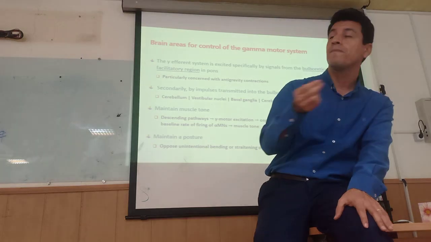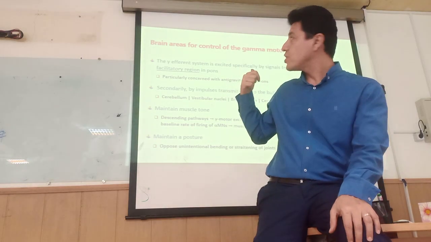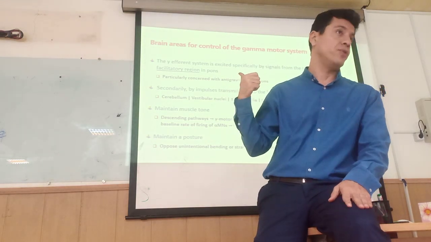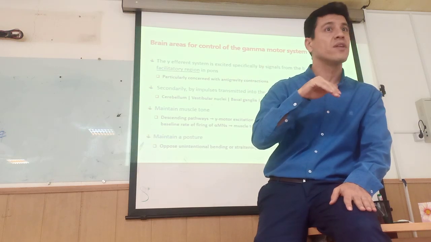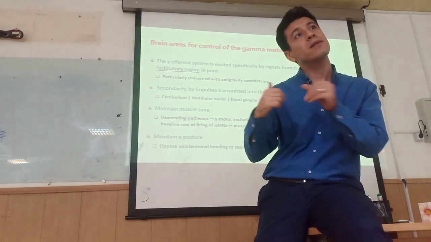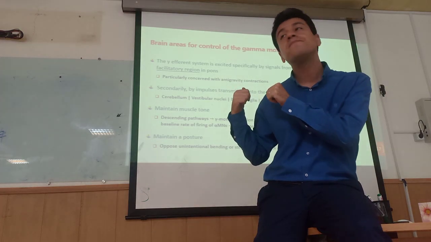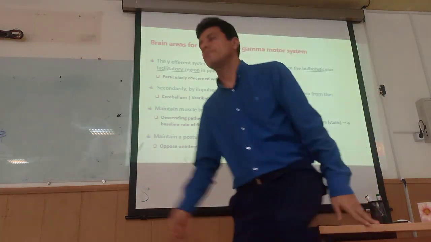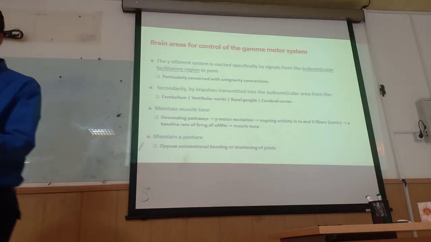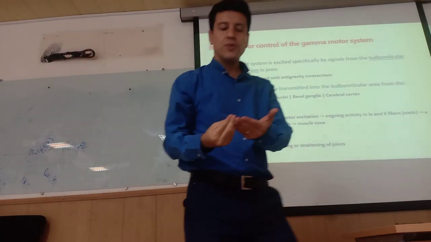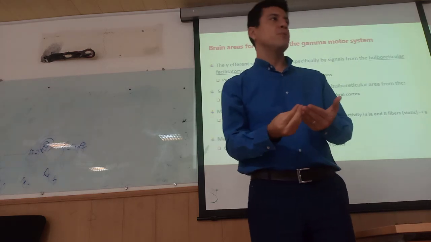It's because of the partial contraction that we have in our muscle. This tone is generated by the action of the gamma motor neurons. Actually, alpha motor neurons are also involved, but some part is made by gamma motor neurons. So, the reticular formation of the pons sends the information to the gamma motor neurons.